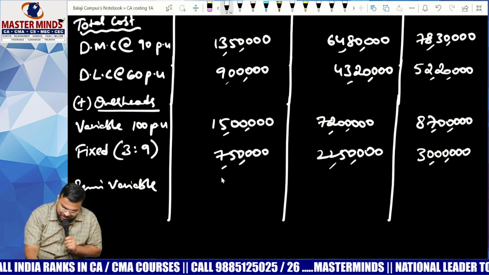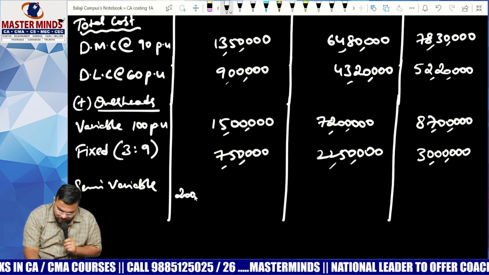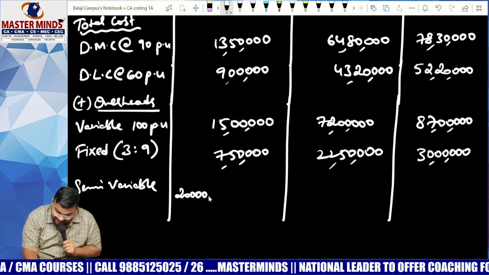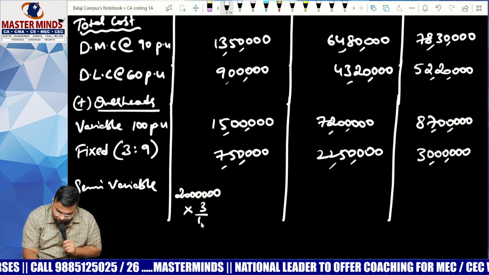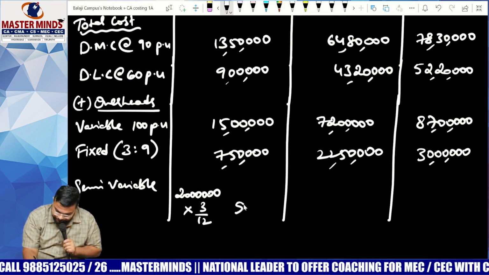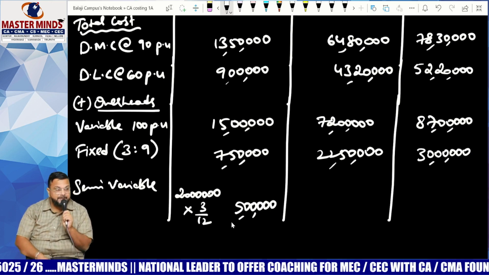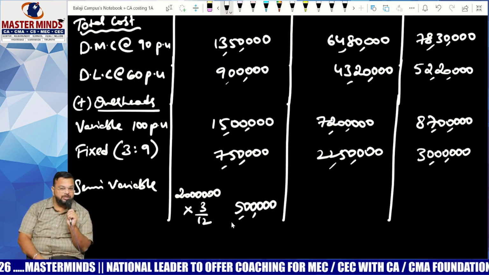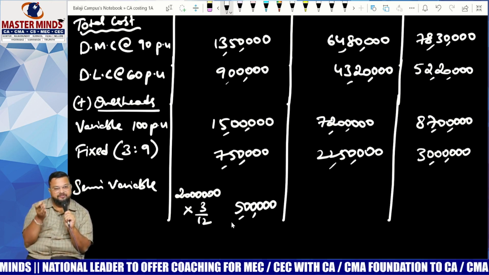So for the first 3 months, it is 50% capacity, right? 50% capacity means 20 lakhs into 3 by 12. How much, Nana? 5 lakhs. And this side, Nana, 80% capacity. 80% capacity can be divided into 3: 50 plus 25 plus 5, Nana.